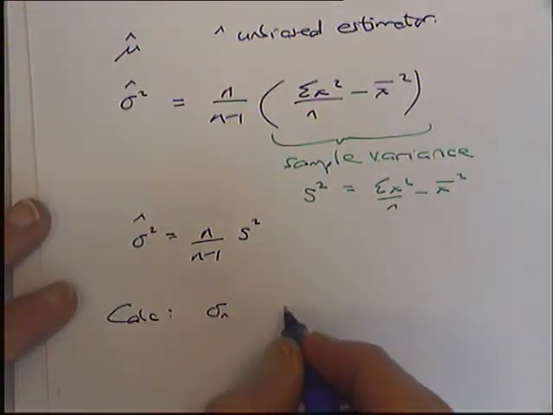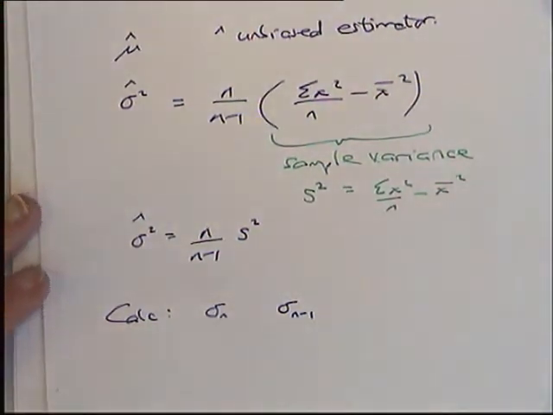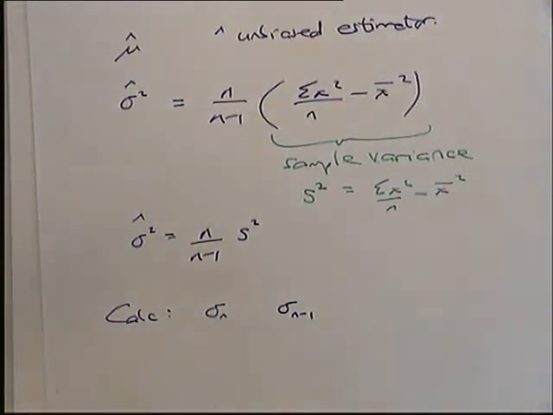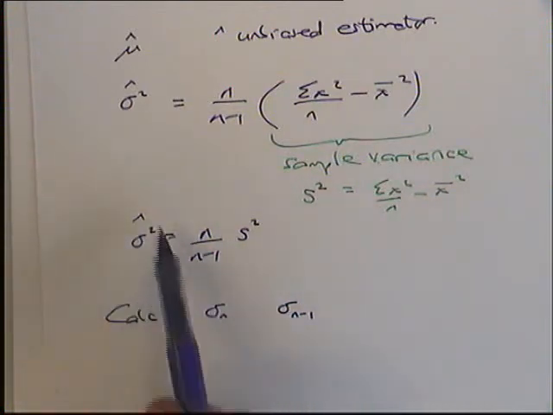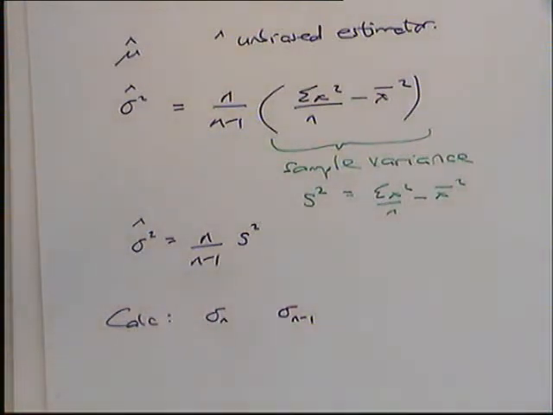You'll probably also find sigma n minus 1. This n minus 1 is this fiddle factor here as well. So I'm going to pause it now just to see if you can see on your calculators where you can find both of those things.